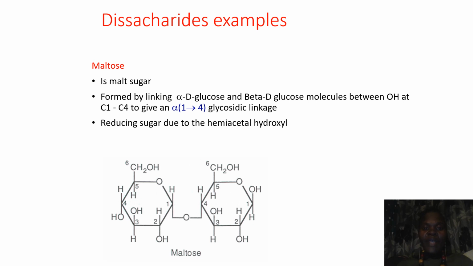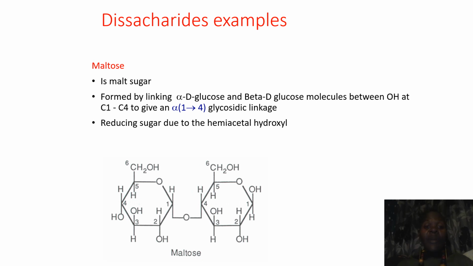If you count the cyclic form, remember we mentioned that glucose being an aldose, in cyclic form it is going to form a 6-membered ring called a pyranose, but there is a hemiacetal because of the OH at carbon atom number 5 forming a covalent bond with carbon atom number 1.